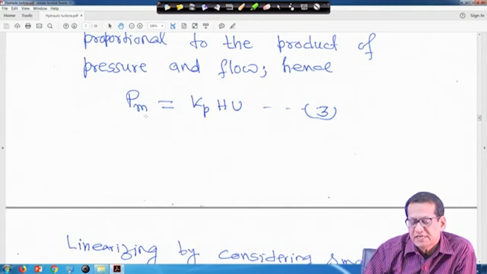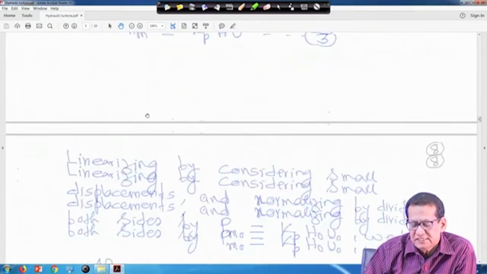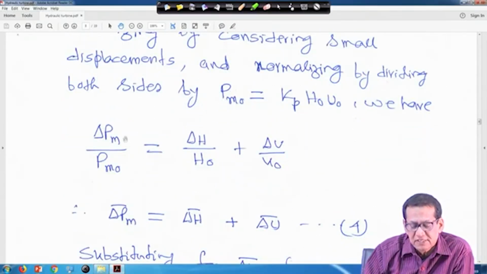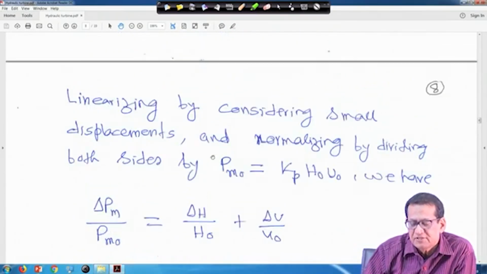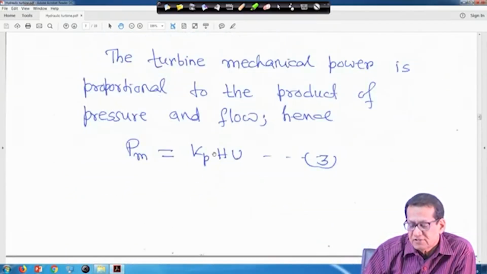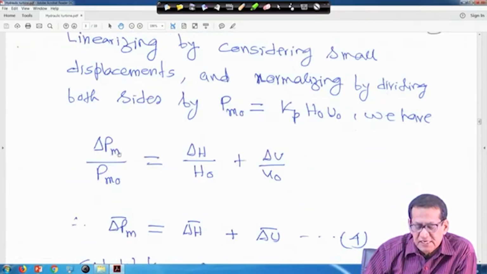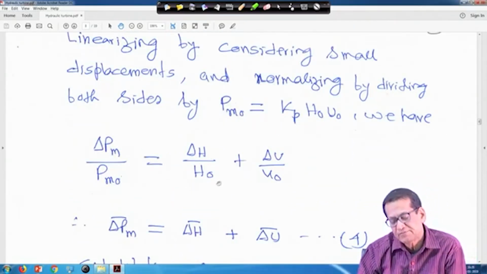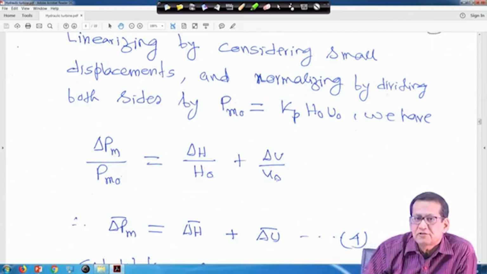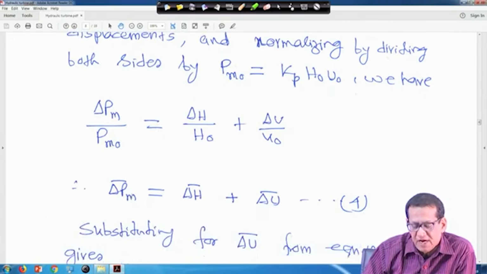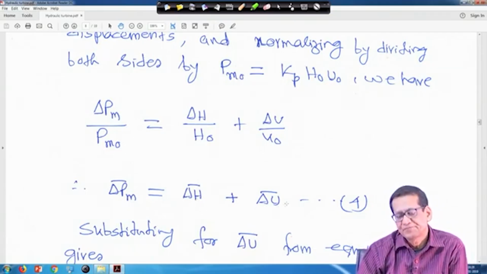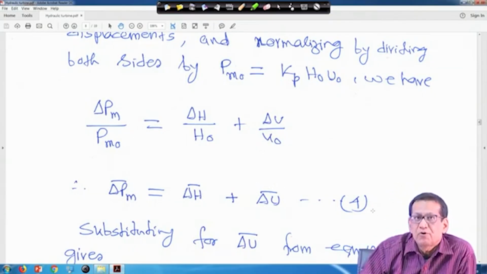So, same way you can make it, and then you can normalize it. So, in this case also, delta P m upon P m 0, and P m 0 I just told you will be K p H 0 U 0. So, that means delta P m upon P m 0 will be delta H upon H 0 plus delta U upon U 0, right. So, similarly you will get delta P m bar, that is normalized, is equal to delta H bar plus delta U bar, right. So, that is equation 4.